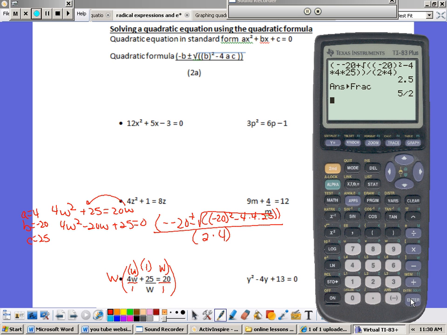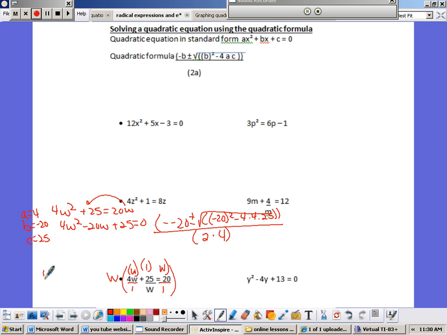Okay, so 5/2 or 2.5. Second enter. Go back and do my minus. 2.5 or 5/2. So this one too sits on the axis. So w is equal to 2.5 or 5/2. Both being the same thing.